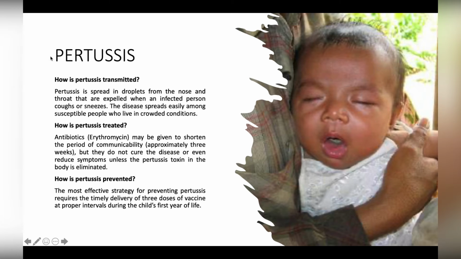Antibiotics like erythromycin may be given to shorten the period of communicability, but they do not cure the disease or even reduce symptoms unless pertussis toxins in the body are eliminated. How is pertussis prevented? The most effective strategy requires the timely delivery of 3 doses of vaccine at proper intervals during the child's first year of life.